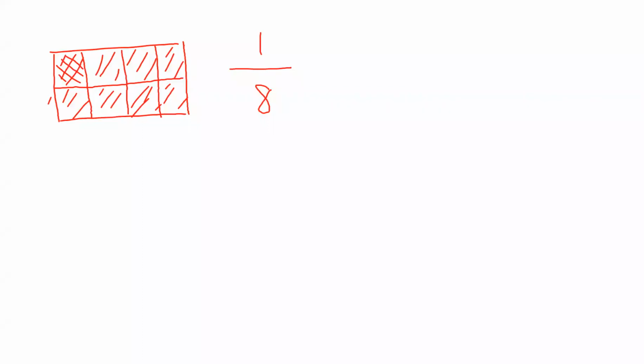At the beginning, I told you that I have one big rectangle, right? And this one big rectangle is divided into 8 parts. Now I'm asking you about the fraction of the parts that are shaded.